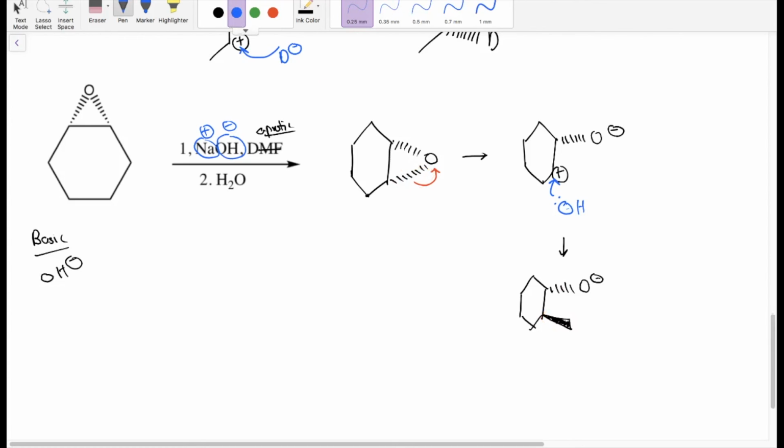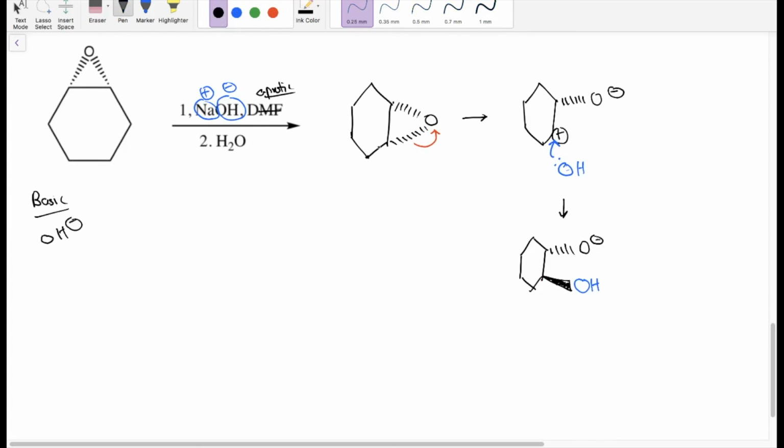Okay, so now we have an OH. I'm going to draw it in blue to keep the colors. Ooh, this is looking pretty interesting. This is looking like we're going to have two alcohols. Now after the H2O is added, this is the step where this is finally coming into play. We're going to have an H2O here. This negative charge is going to attack one of those hydrogens, and we're going to end up with a final product that looks something like this.